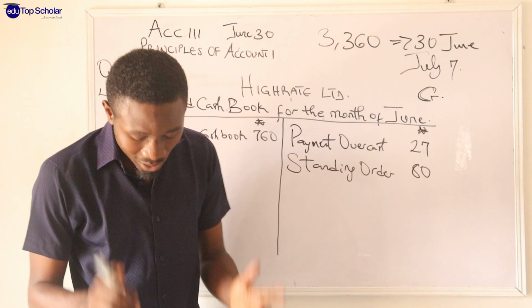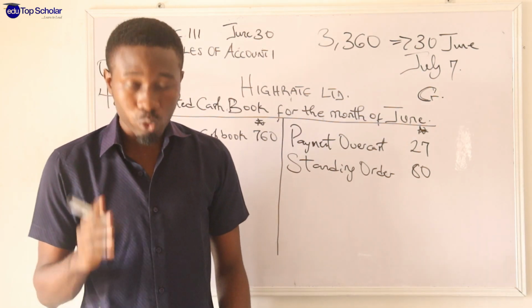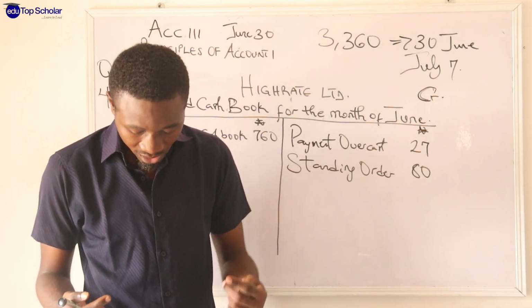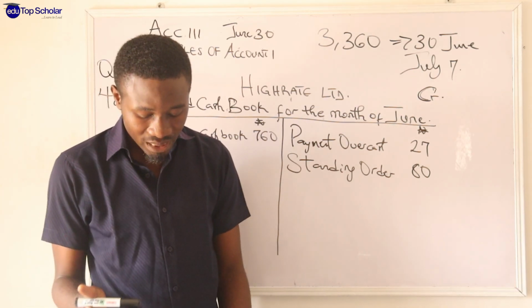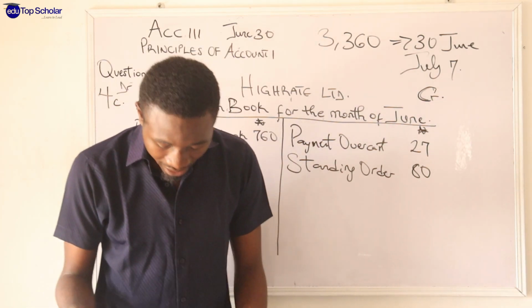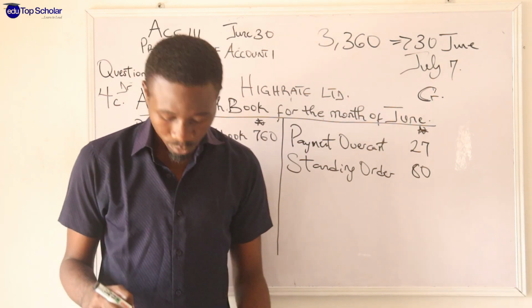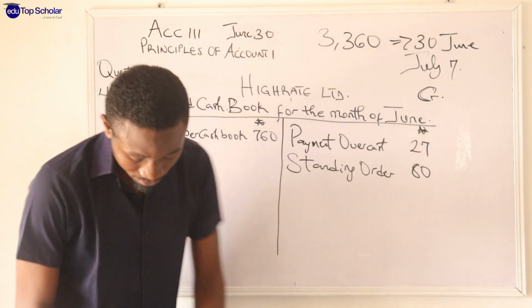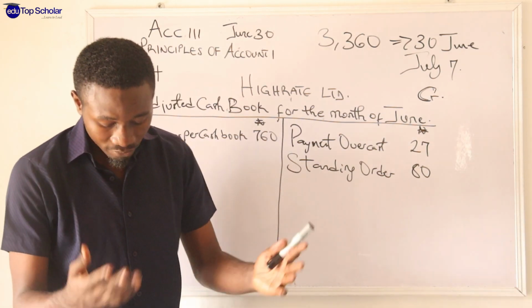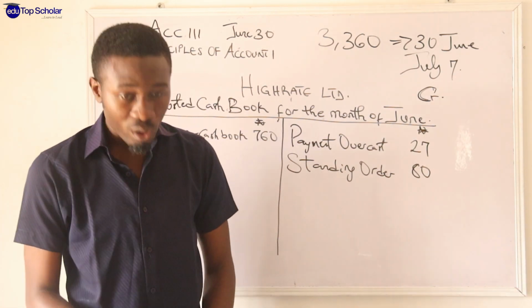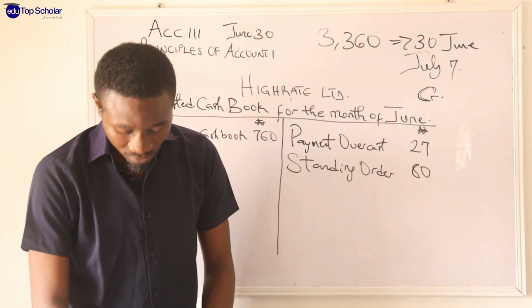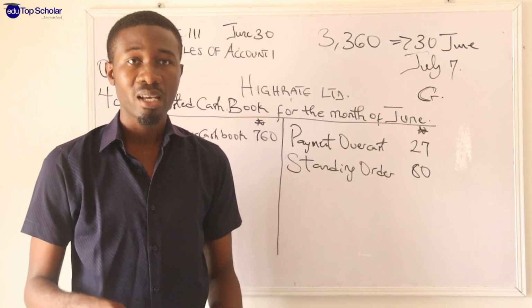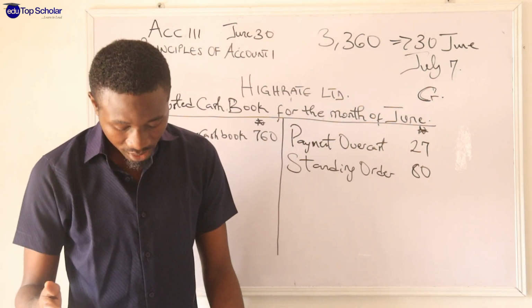The next one says on 28th June, a check of 228 naira was received from a customer. So we received money in settlement of an invoice for 240 naira. An entry was made in the cash book. So in the cash book, they told us that the check has already been received and we have recorded it in the cash book as 240, but we received a check of 228 for something that was 240 naira.